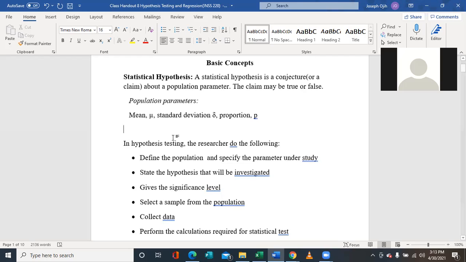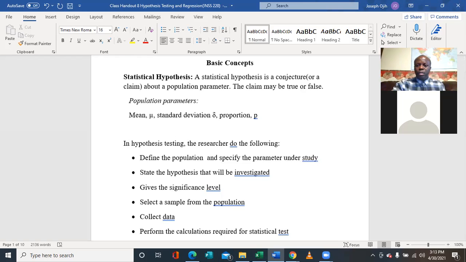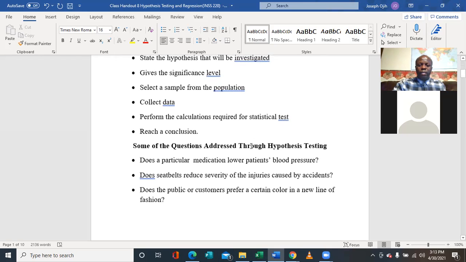But before you can state hypothesis correctly, there are some basic concepts you need to understand. Those concepts include the kind of questions we address when testing hypothesis. There are many types of questions we use hypothesis testing to answer.